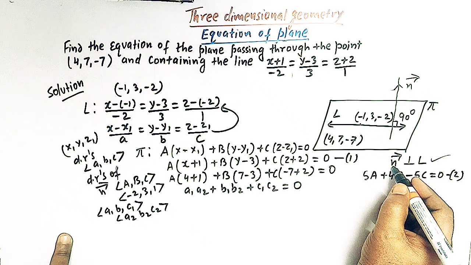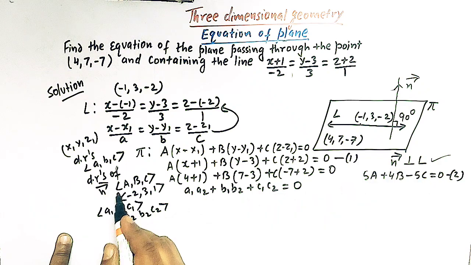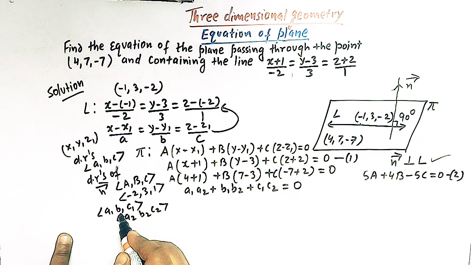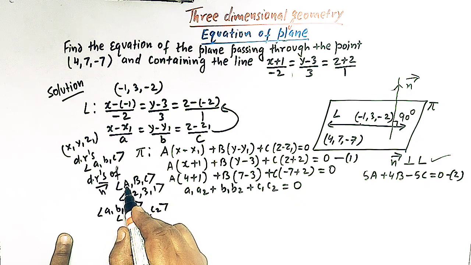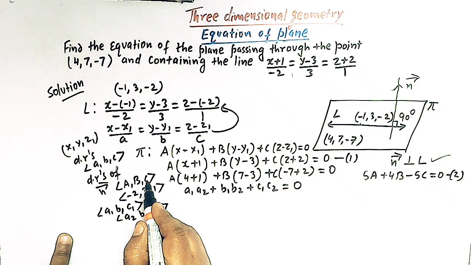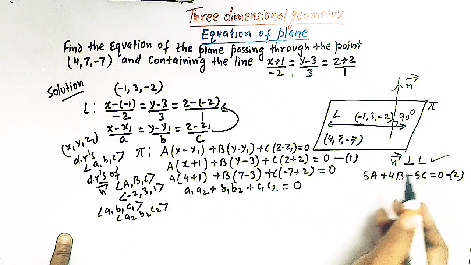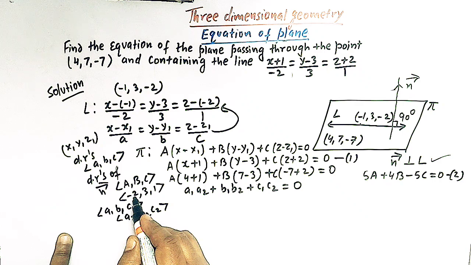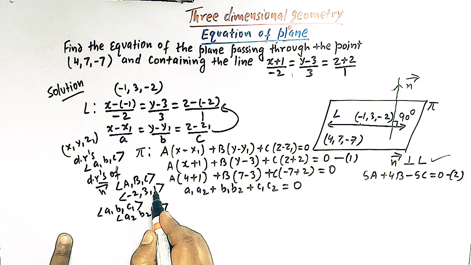So here this normal vector n has the direction ratios A, B, C. So a1, b1, c1 may be taken as capital A, capital B, and capital C, and a2, b2, c2 may be taken as minus 2, 3, and 1.